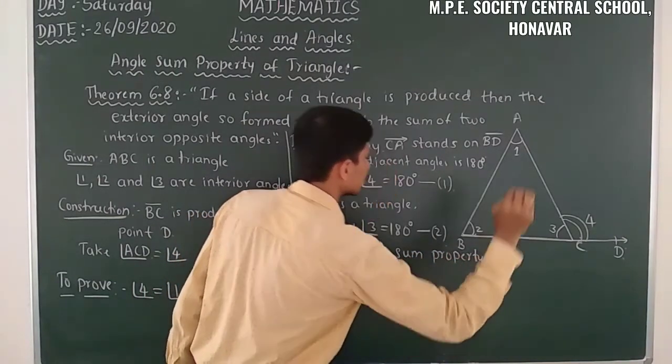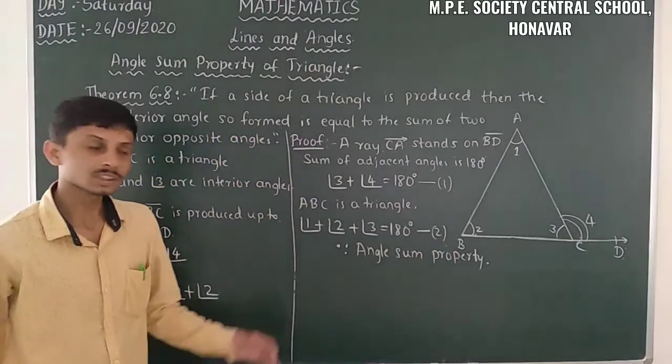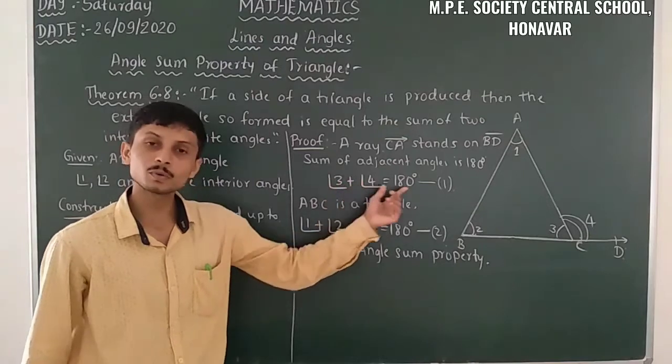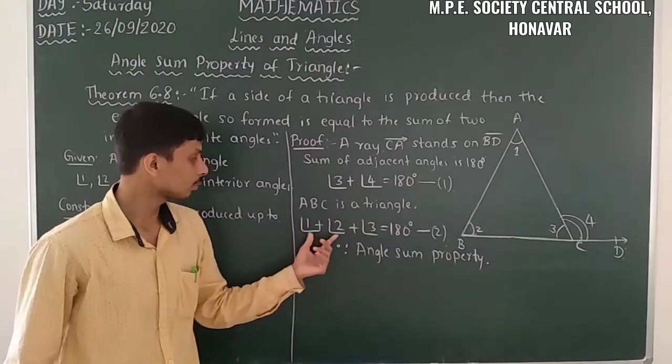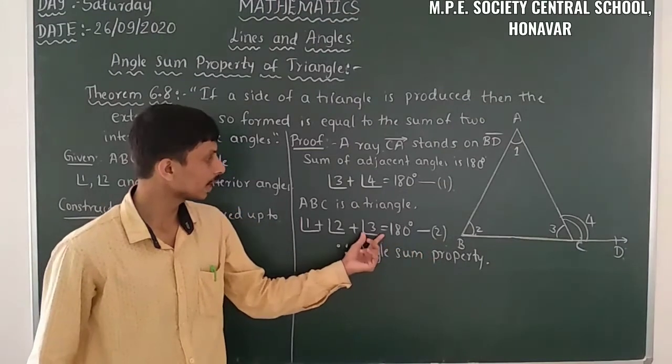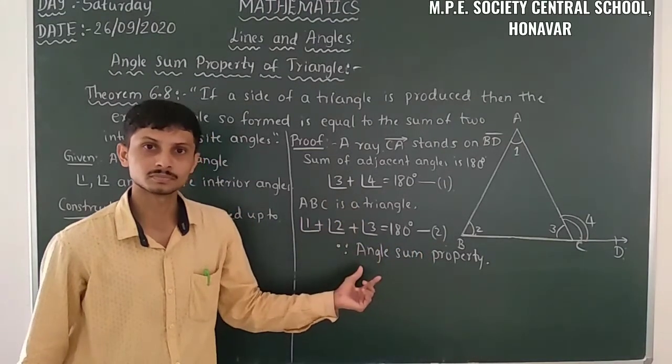So you just observe equation 1 and equation 2. Angle 3 plus angle 4 is 180 degrees, and angle 1 plus angle 2 plus angle 3 is also 180 degrees. Here, observe that angle 3 is common to both.